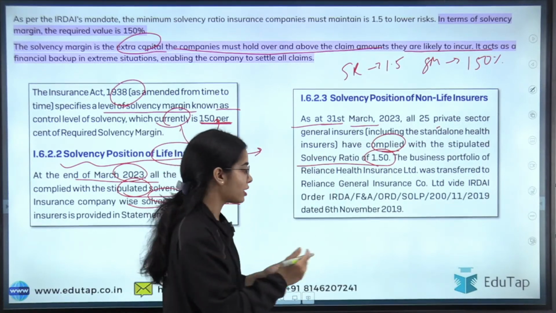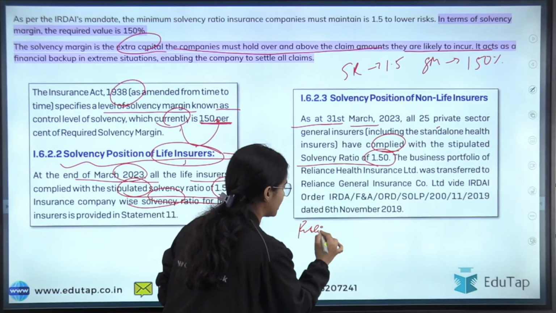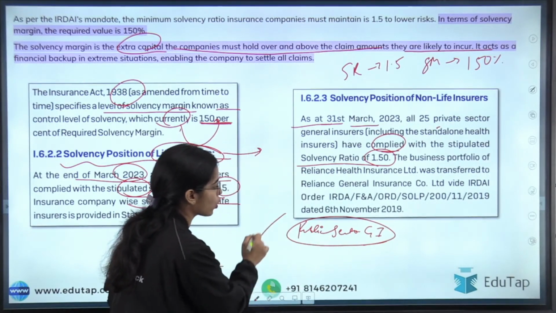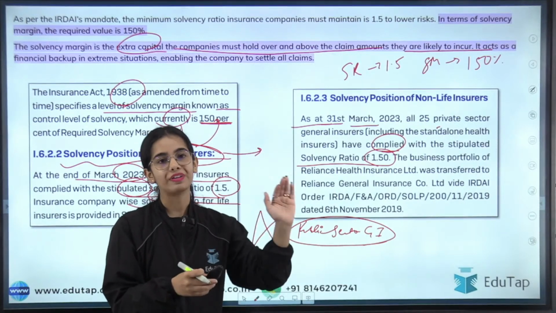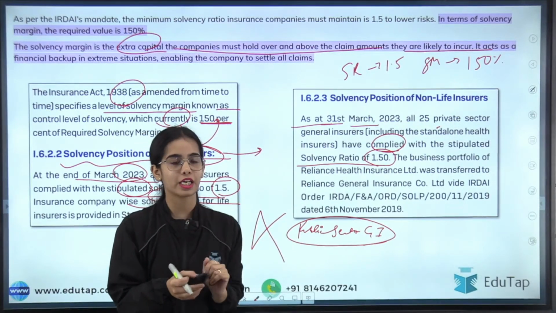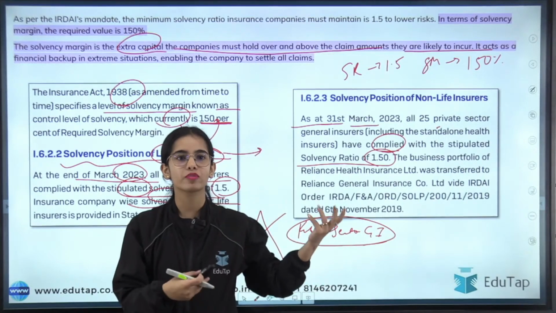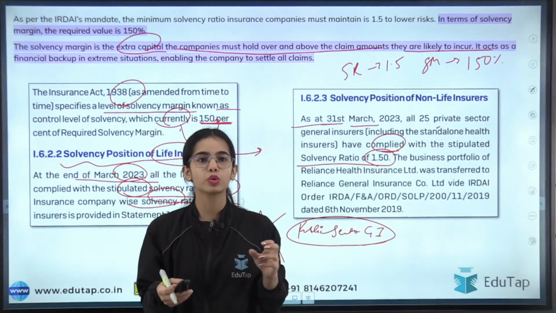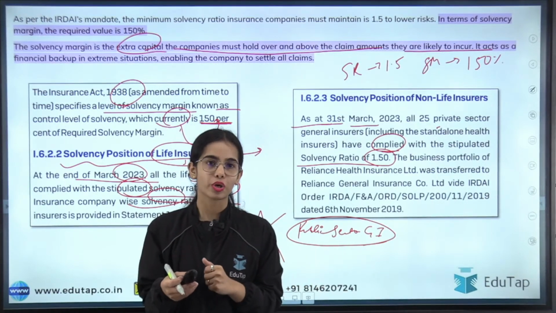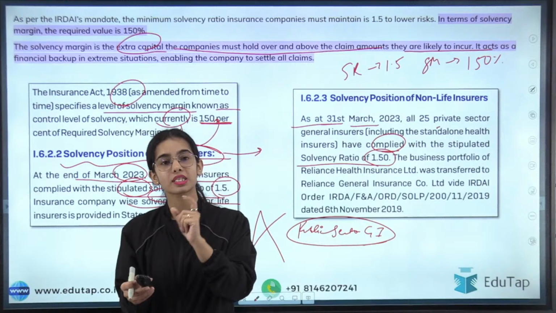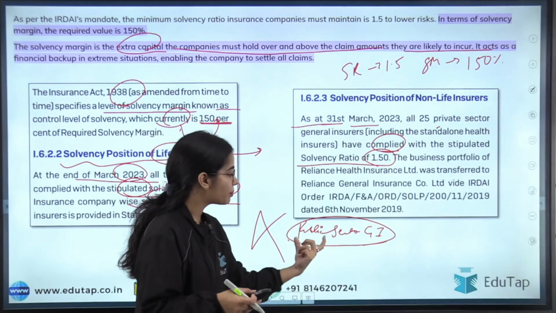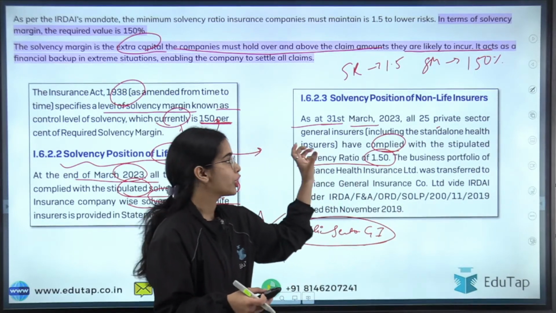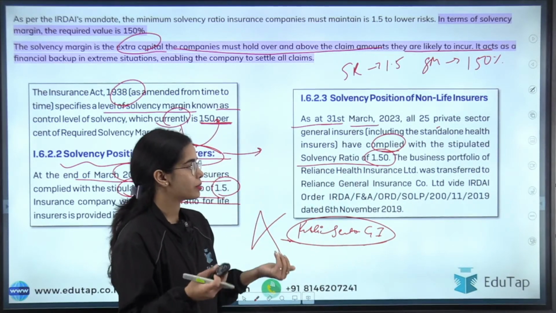The public sector general insurers have not followed the solvency margin. They are not following the solvency ratio, and the government is saying let them work. The government is saying that it is going to provide more capital to these public sector general insurance companies. But you have to understand that they have not followed the solvency margin during this time period. Okay, so this is the basic idea.